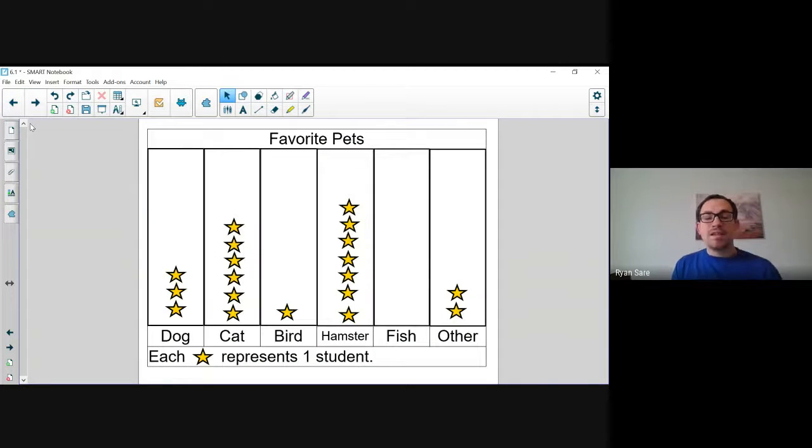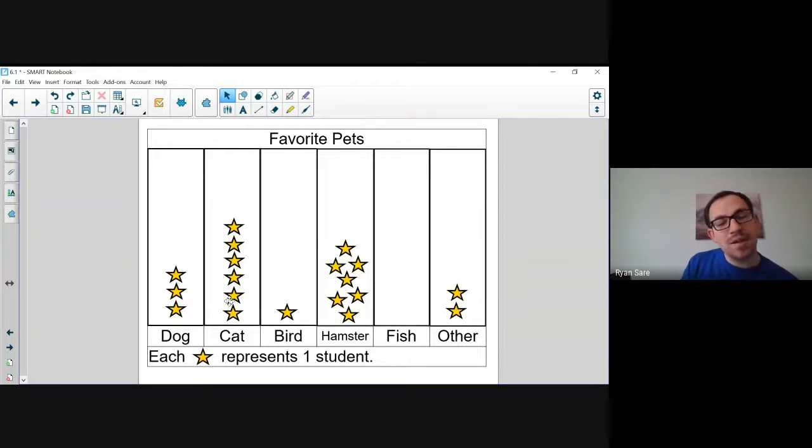Okay, let's see, 2 on other, 7. So here I have it, and we can see hamster was the most popular because it has the most pictures. Now, one of the problems with it is maybe I didn't do a good job of stacking it. If I have my stars like this, you're going to say, oh, Mr. Sayre, well, yeah, we know they're stacked up. So I can see the hamsters is still more.